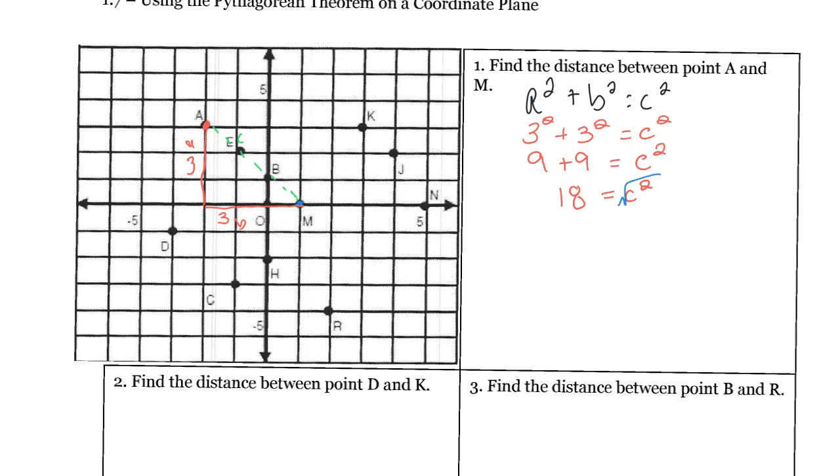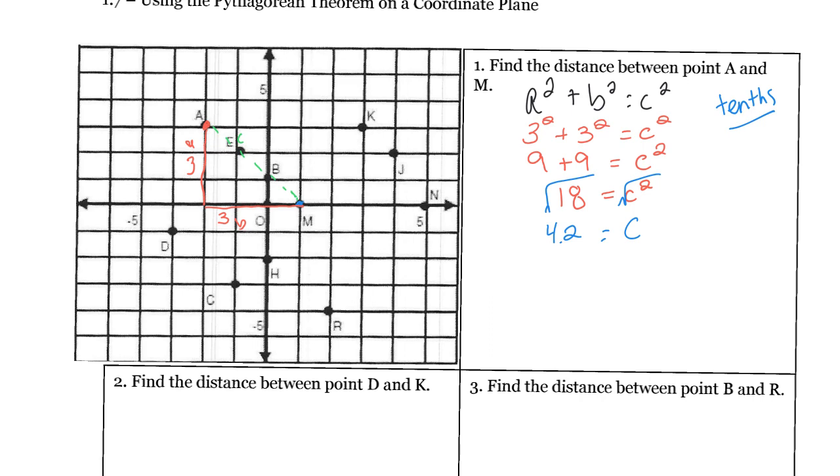Now we have to take the square root of both sides. C equals what? What is the square root of 18? If we round to the 10th place, that is 4.2. 4.2 is the distance between the 2 points.